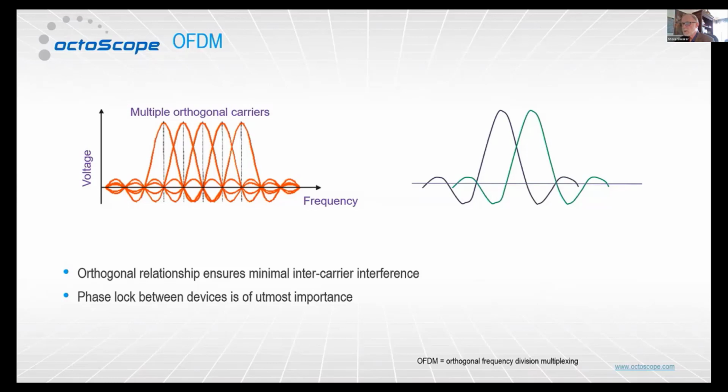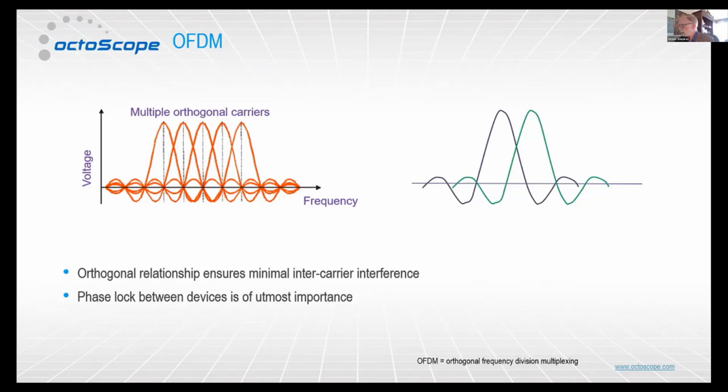This allows us to optimally space these carriers and make use of the frequency domain a bit more effectively. So on the right is a diagram just pulling out that particular aspect.